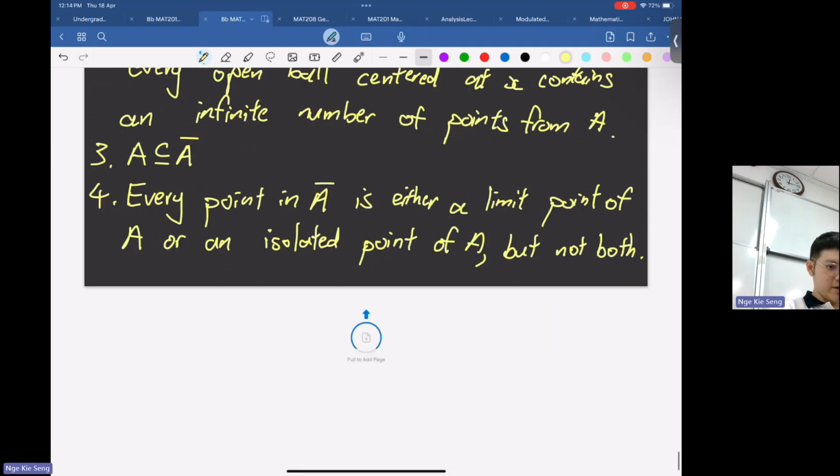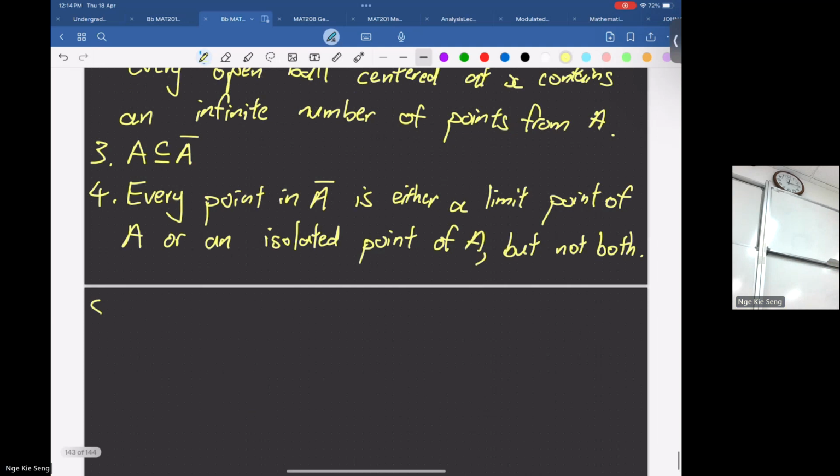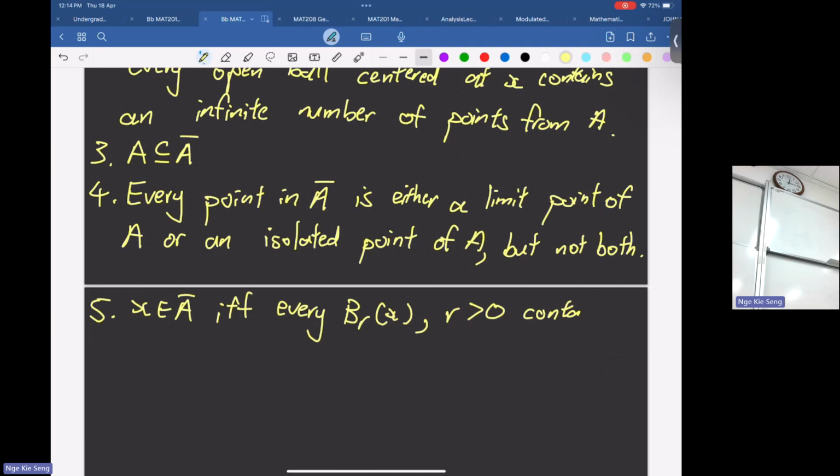So this one, number 5: x is in A bar if and only if every ball around x with radius greater than 0 contains a point in A. So how to prove this?